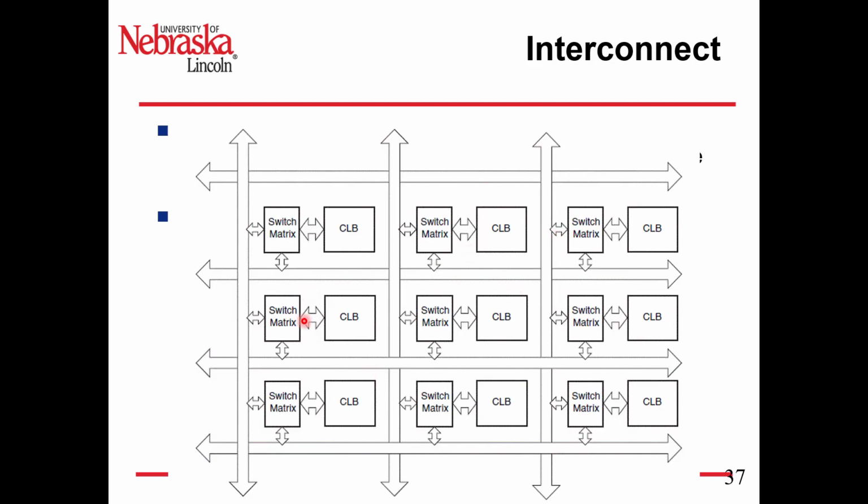It's a little better than what they had in the newer version. It basically shows the switch matrix with the configurable logic blocks, similar to the images we saw before, but everything is connected on this grid array and interconnected via these switch matrices so that they can tie into each of those CLBs and tie in those values.